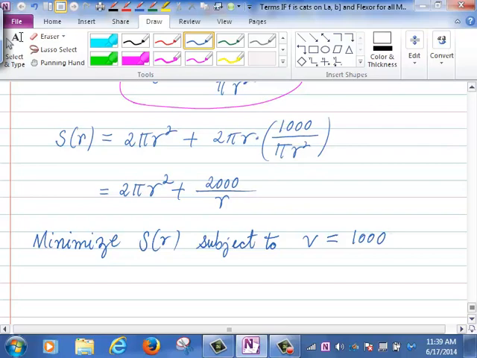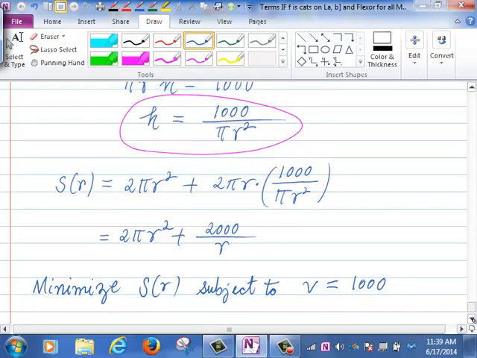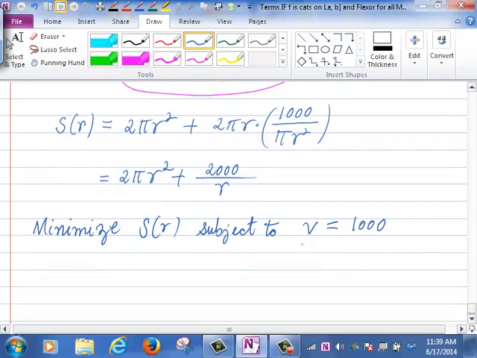And we know that this condition simply means pi r squared h is 1000, right? Is everybody okay? So subject to the condition that pi r squared h is 1000, I have to minimize the surface area. So my question is, what are the possible values of r? Let's see if we can figure that out.